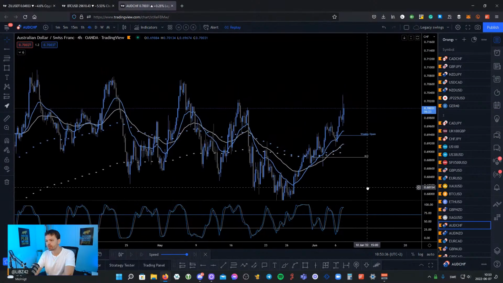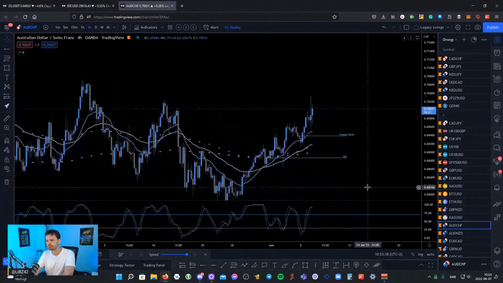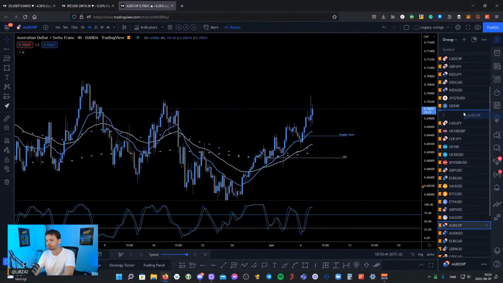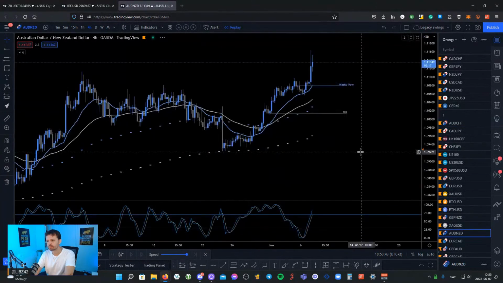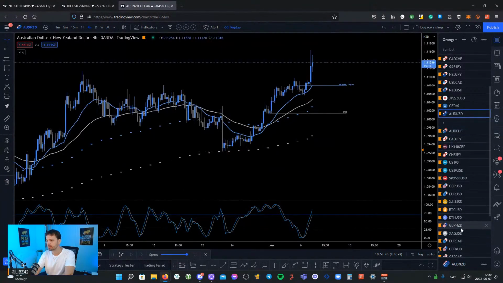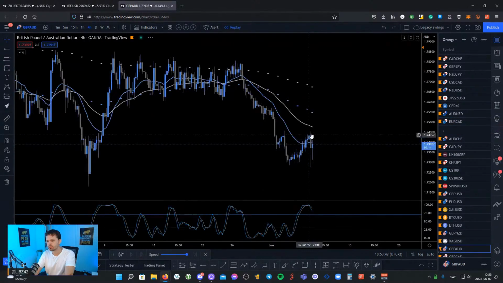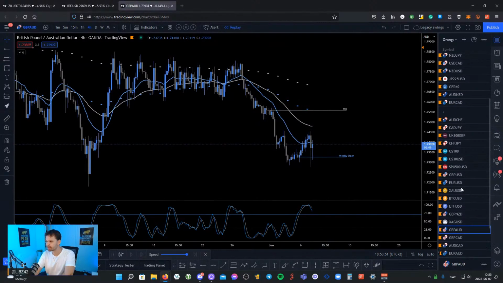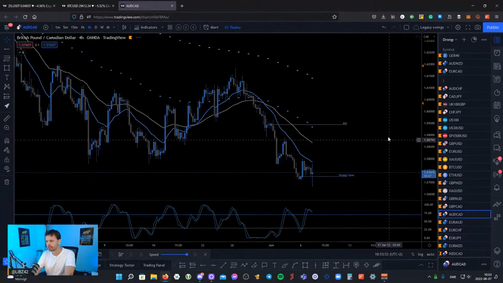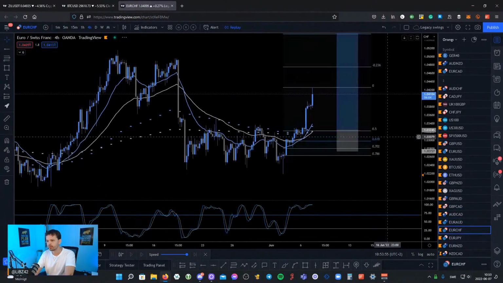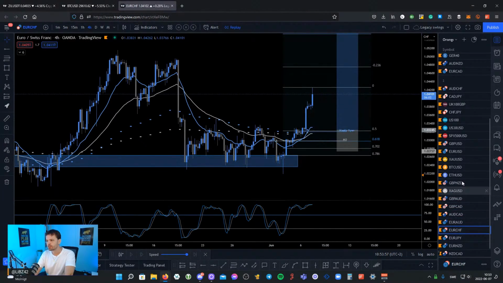AUD CHF is nothing. This is a 1. And this is also a 1. GBP AUD, not sure. GBP CAD. Right, Euro CHF is a 1.